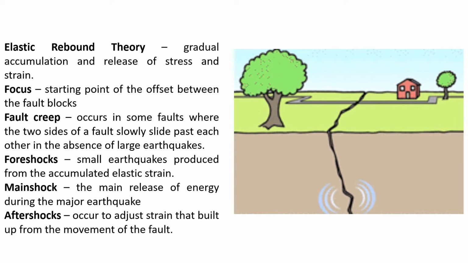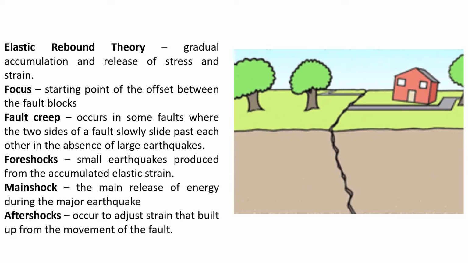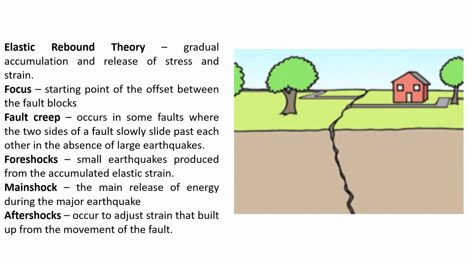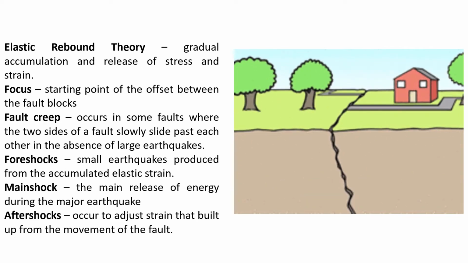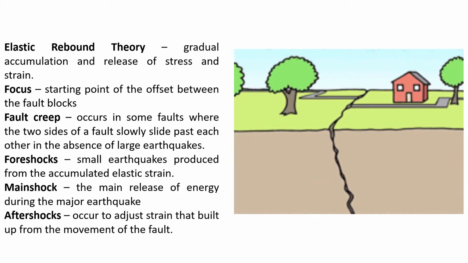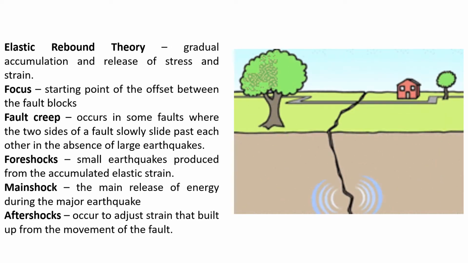After seismic energy release, energy begins to build up again during a period of inactivity along the fault. The accumulated elastic strain may produce small earthquakes on or near the main fault.